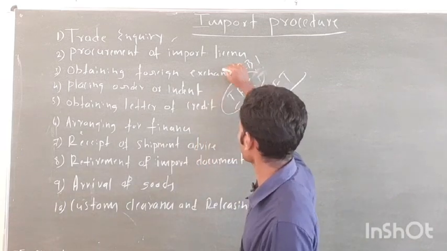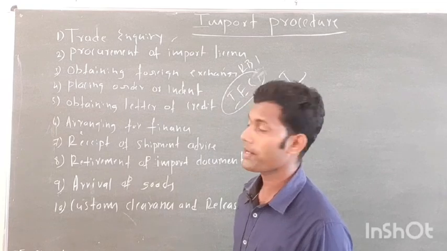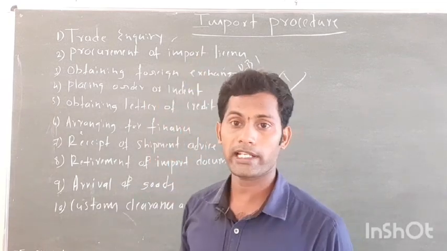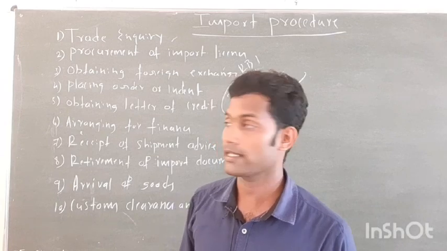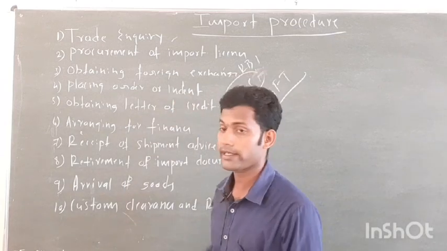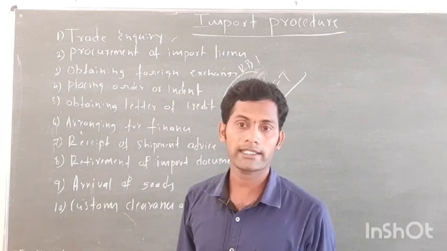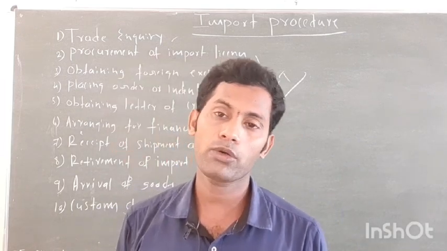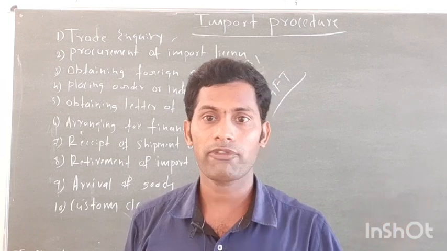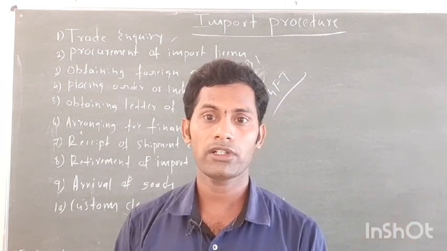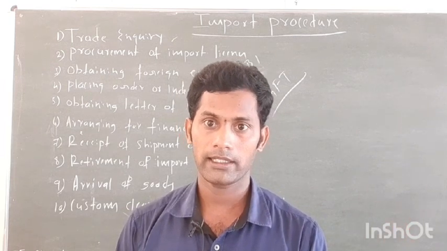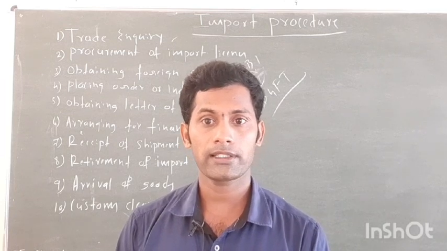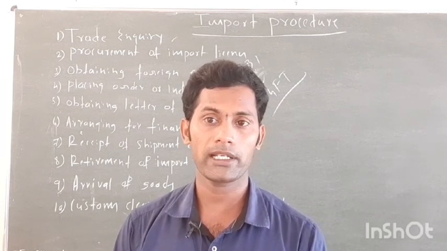Now the third one, obtaining foreign exchange. After getting the import export code or import license, he has to go for getting foreign exchange. For example, if an importer wants to import goods from America, we can't give our rupee, because the rupee is legal money in India, not in America.